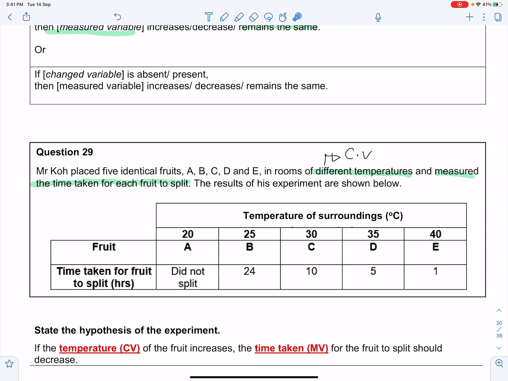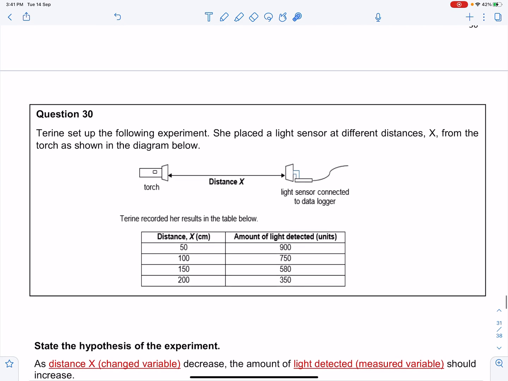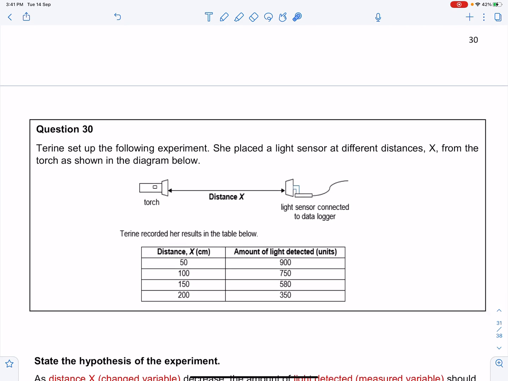So based on that, I come up with a hypothesis. But is it absolutely true? I don't know because it's based on data. Then I'll need to conduct an experiment or more experiments to prove it. Okay, let's see another one.